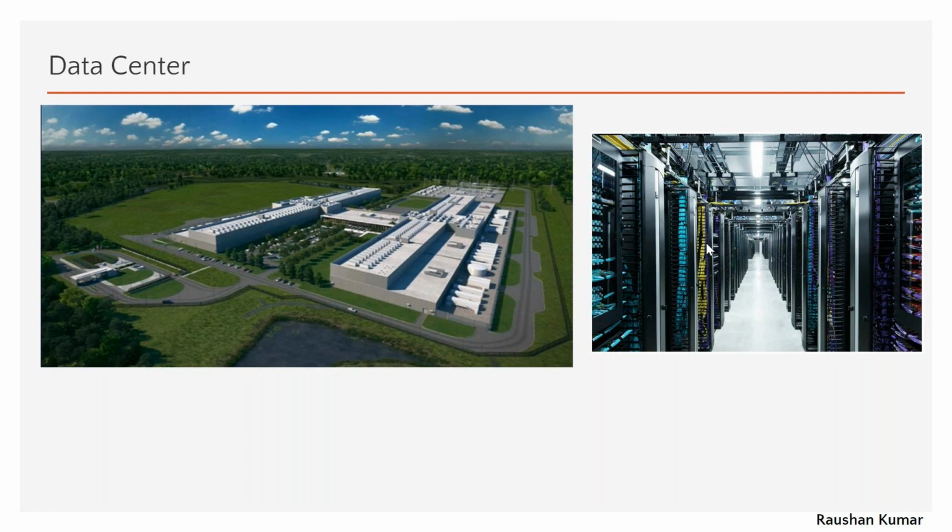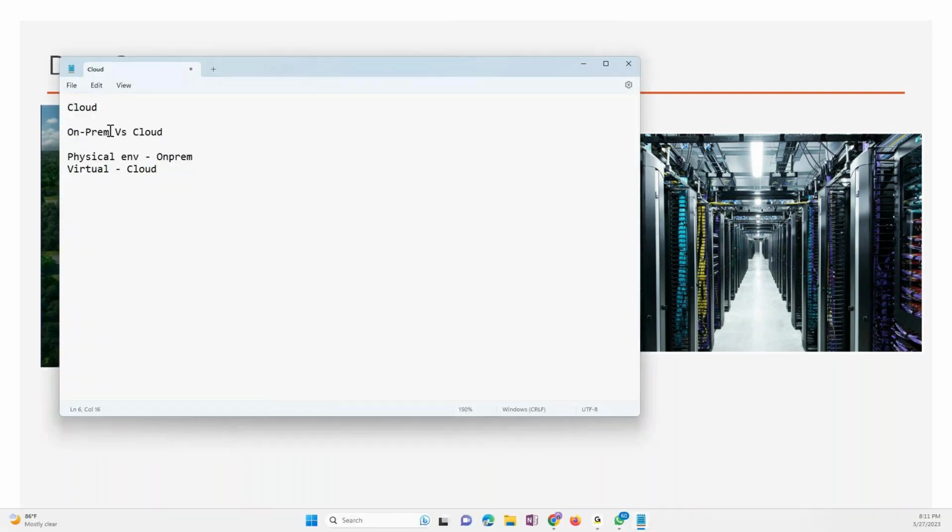If you own the data center, that becomes on-prem. If you use someone else's data center, like AWS, Azure, Microsoft, Google, they have set up data centers all across the globe. We are paying and using their servers. We are not owning the servers that we use in GCP, Azure, or AWS. We are using them for the timely bill, like on a rent basis.